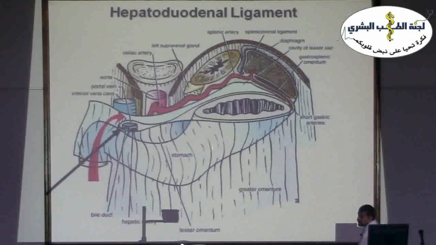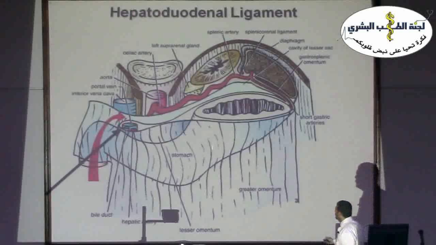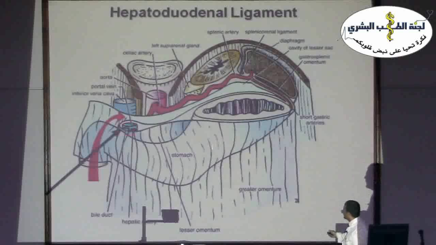This is the other view. If you look carefully, these 2 layers of visceral peritoneum from the stomach up towards the liver are called the lesser omentum. Look at the free edge of the lesser omentum here, coming from the duodenum, this part. This is the hepatoduodenal ligament. And the hepatoduodenal ligament contains inside it what? The portal triad.